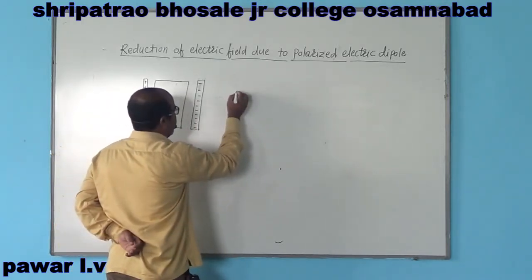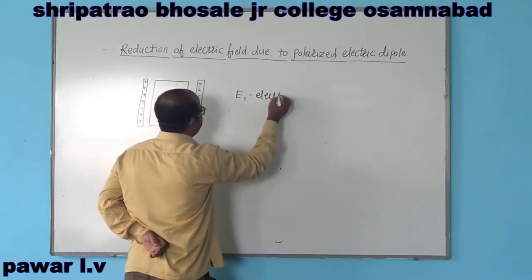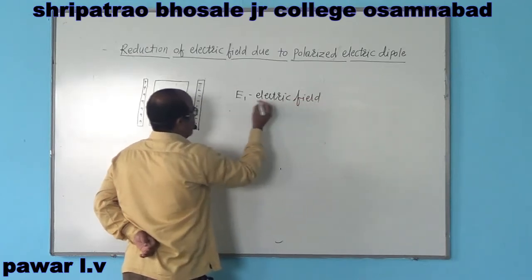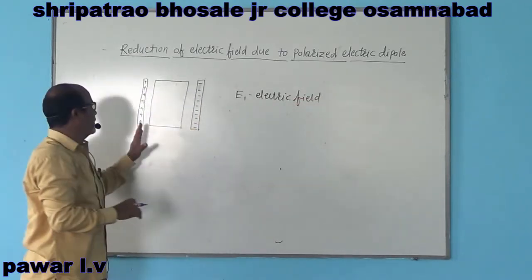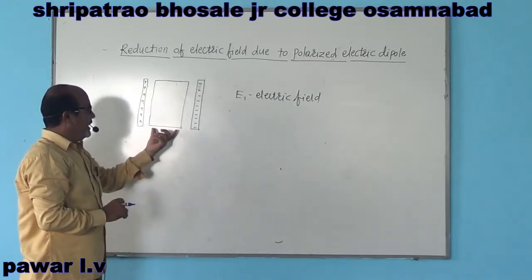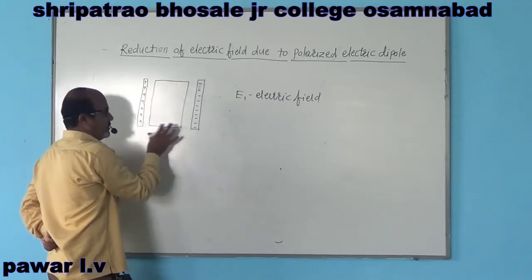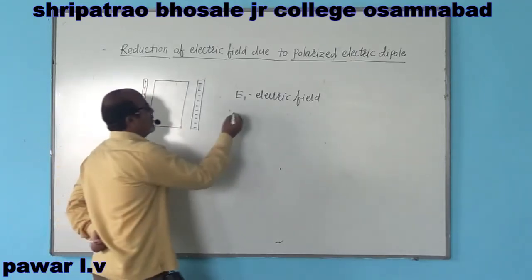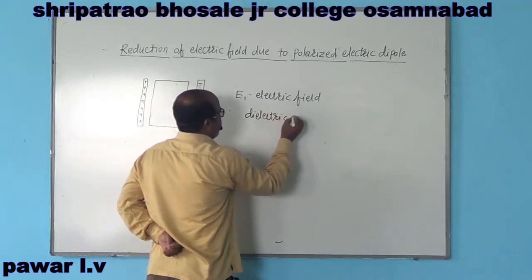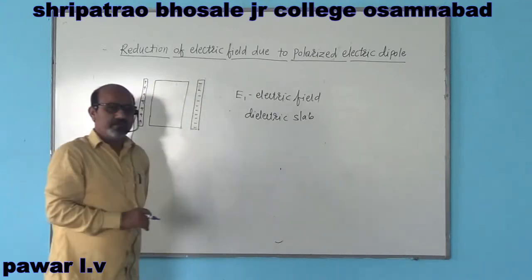Let E1 be the electric field between these plates. If a dielectric is placed in this uniform field, this dielectric slab is rectangular.